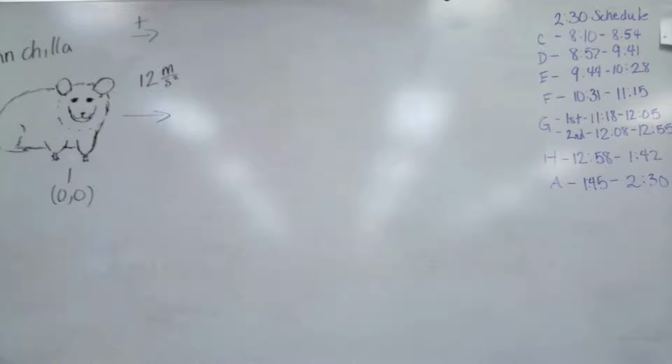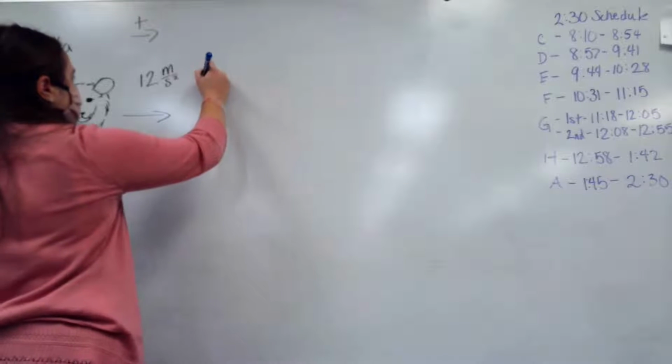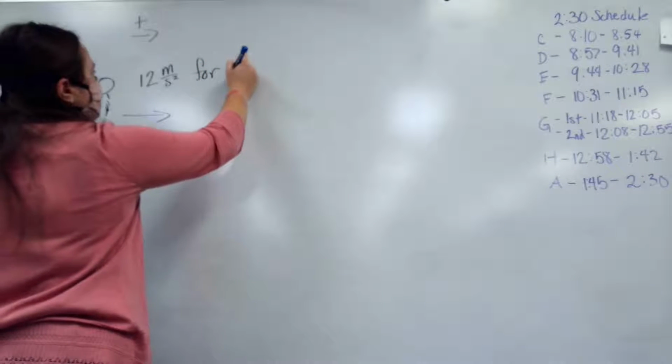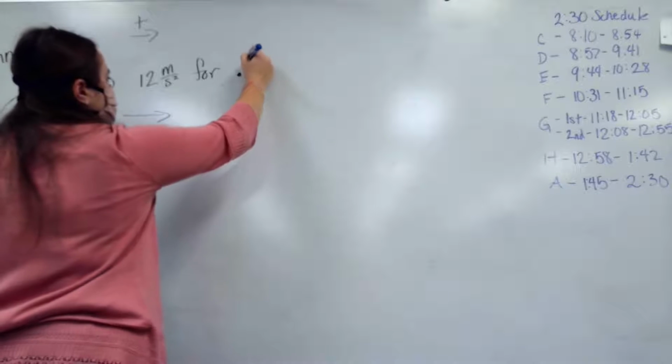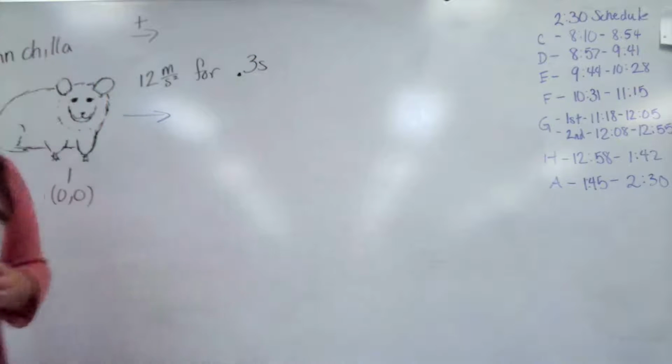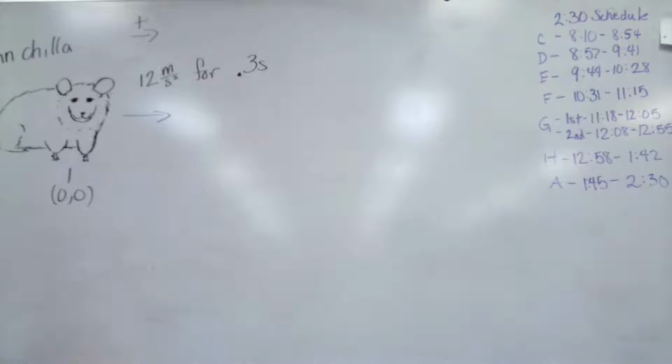So, John Chilla is really fast, okay? But let's say that he can only keep that acceleration up for a really short amount of time, okay? So, let's say he accelerates for, I don't know, 0.3 seconds. Okay? We want to know how fast is John Chilla going after these 0.3 seconds.